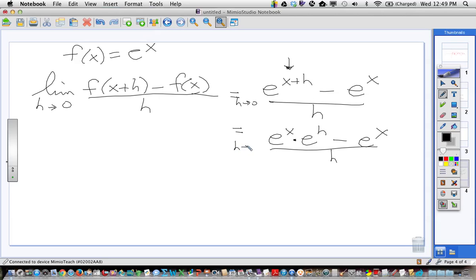And again, this is the limit as h goes to 0. Now what can I do up there? I can take out an e to the x. Right? Now this is the limit as h approaches 0. Okay, so now we've got to look at something here. As h gets closer and closer to 0, what happens to e to the x?